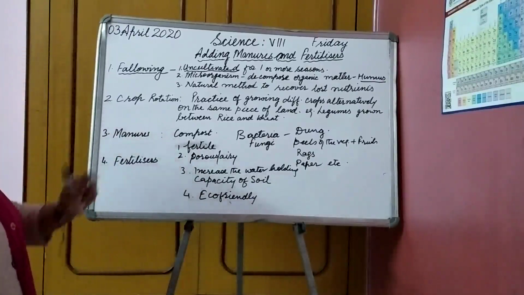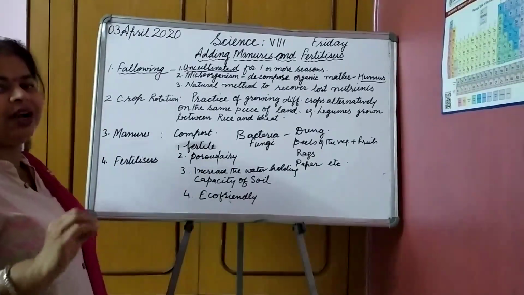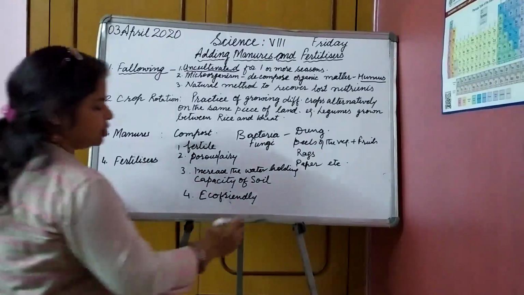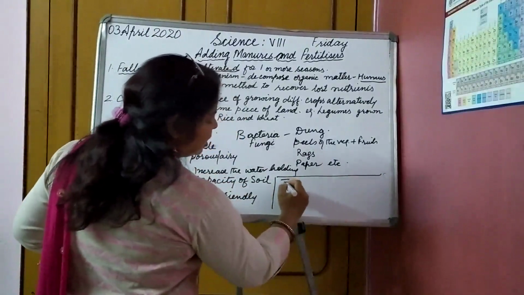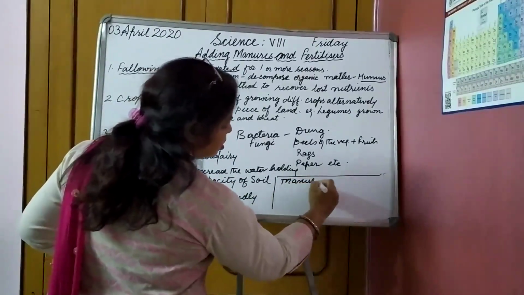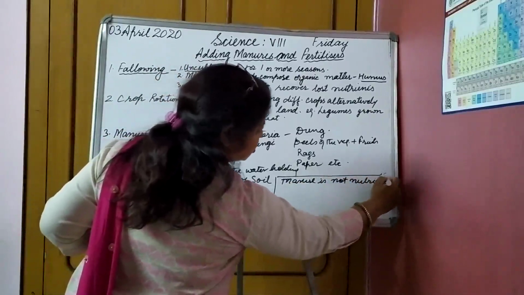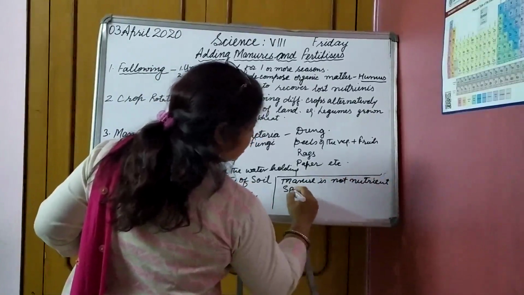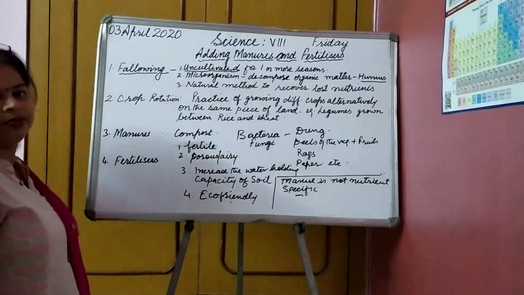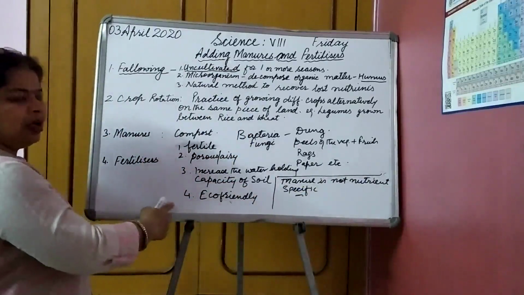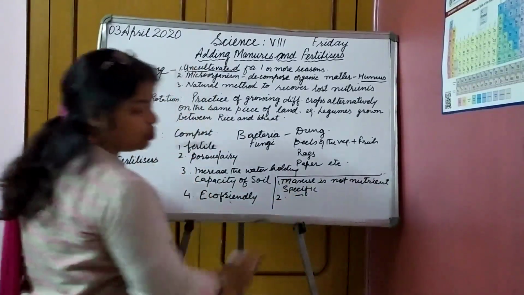But one drawback of manure is that manures are not nutrient specific. This is the disadvantage: manure is not nutrient specific, meaning they do not supply any particular nutrient to the soil. And what else? They cannot be stored properly.